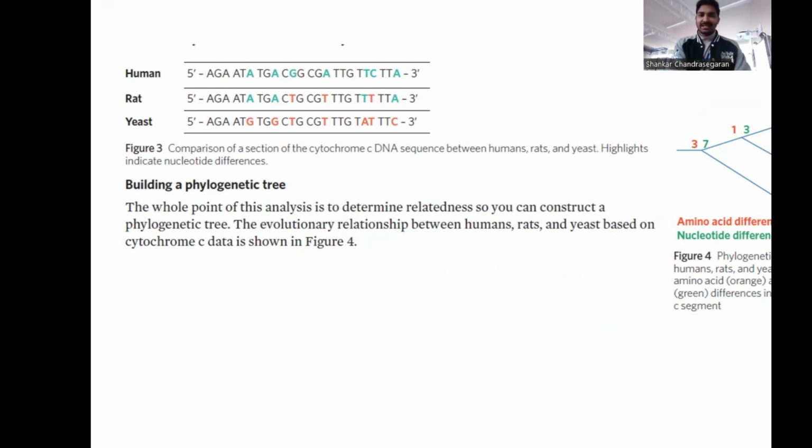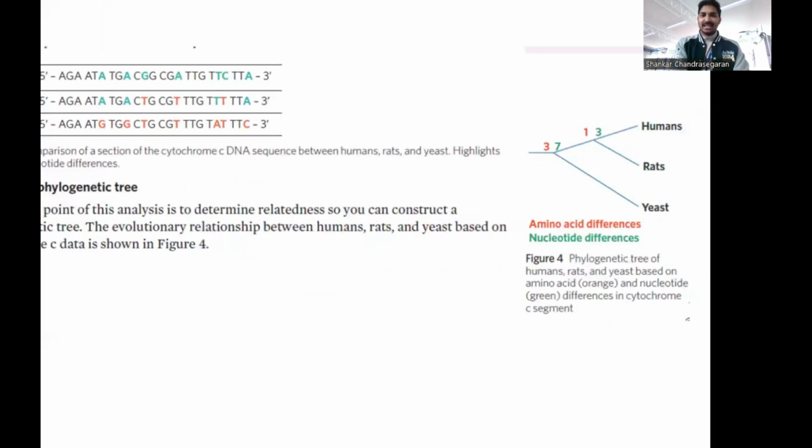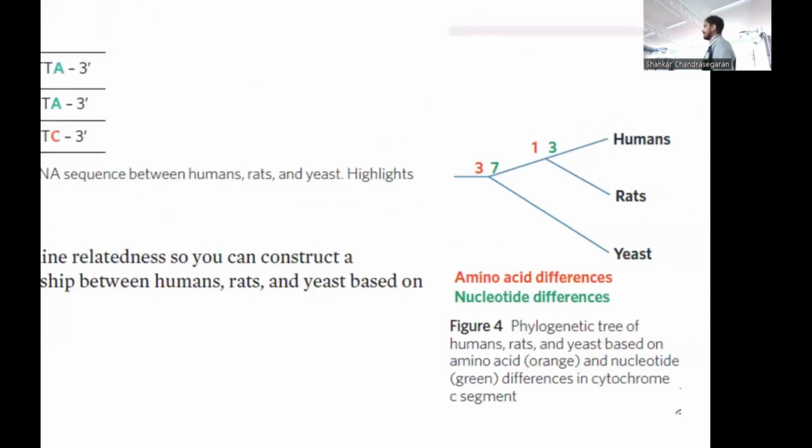So when we do such a thing, we can basically say that rats are more closely related to humans and that yeast was the most distantly related to humans. So we know that our common ancestor with yeast would have diverged much earlier compared to rats, which would have diverged much more recently as a result of us being more closely related to them.